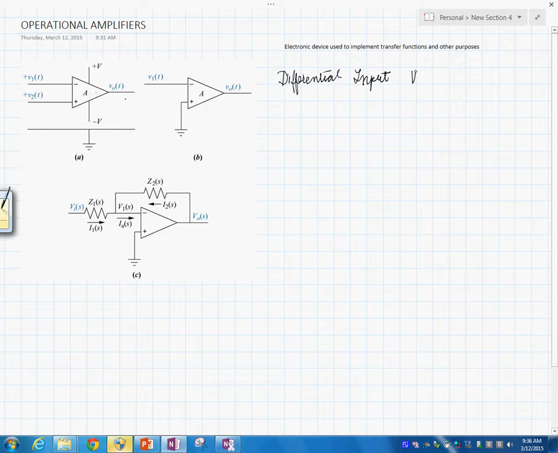So v2 of t minus v1 of t is going to be the differential input in there. The other characteristic of this example is that it has a high input impedance.